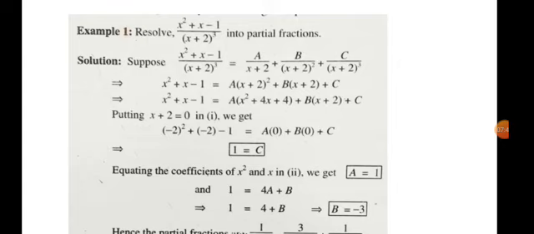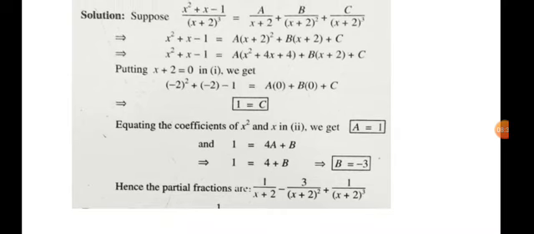But when we compare the coefficients of x, the coefficient of x on the left hand side is equal to 1, and on the right hand side, in the first term the coefficient of x is 4 multiplied by a, so it will be 4a, and in the second term there is only b, so 4a plus b is equal to 1 is the equation that we are going to solve.